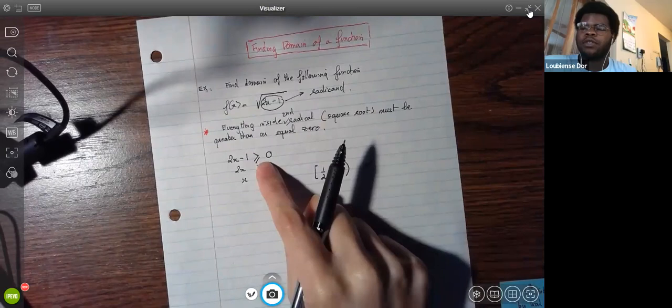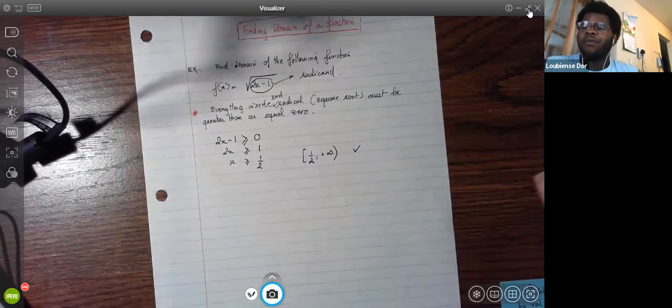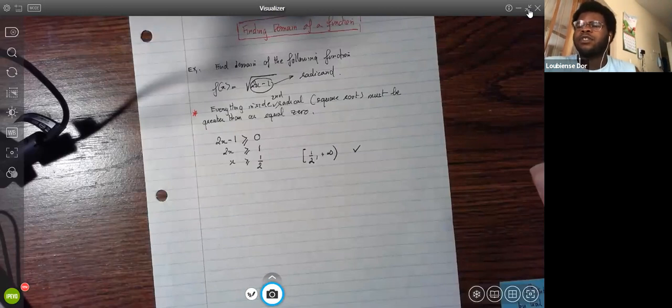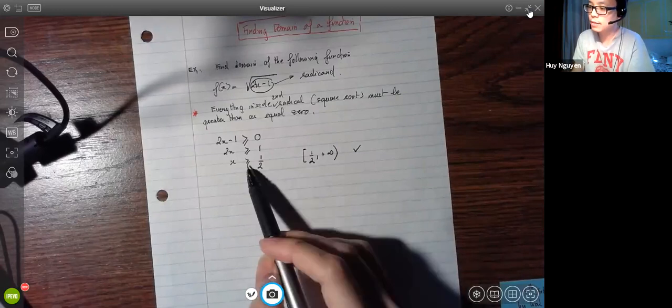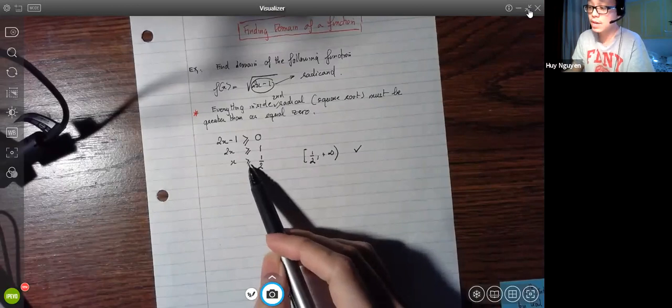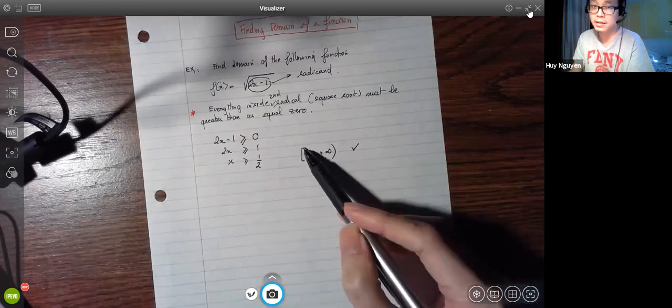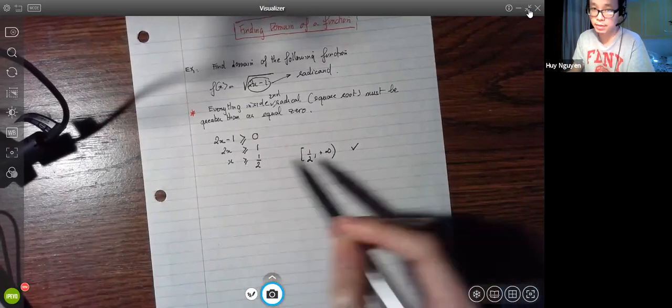I have a question. I really struggled with this on one of the homework problems. It's hard for me to know whether to use brackets or parentheses in interval notation. How do we differentiate? Every time you have an inequality sign that includes the equal sign, you use a bracket. If it does not include the equal sign, you use parentheses.